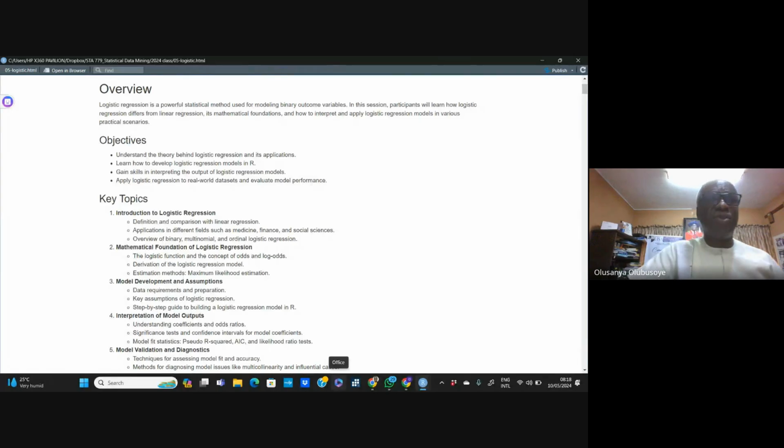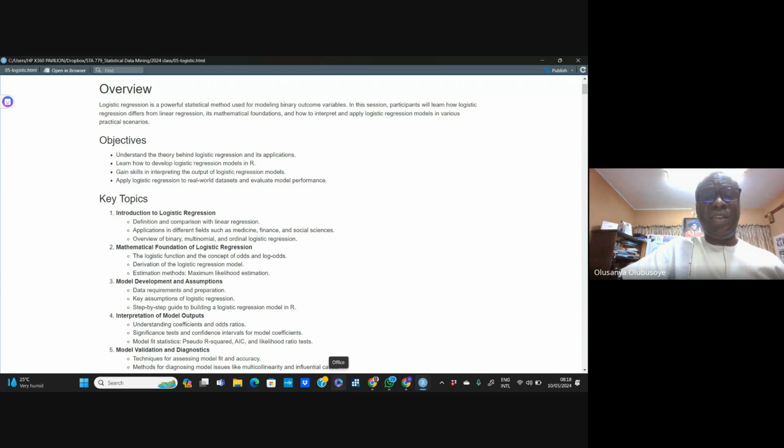The key objectives for this topic are to understand the theory behind logistic regression and its applications. We are going to look at the mathematical foundation of logistic regression, and then learn how we can develop a logistic regression model in R.